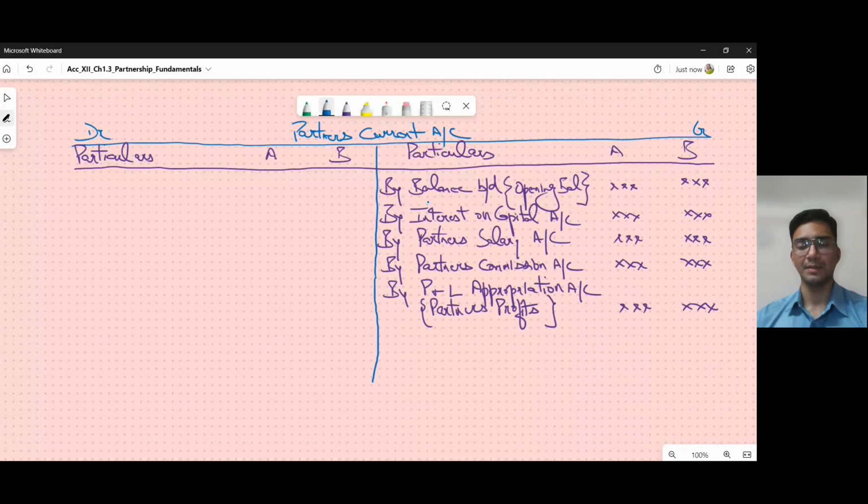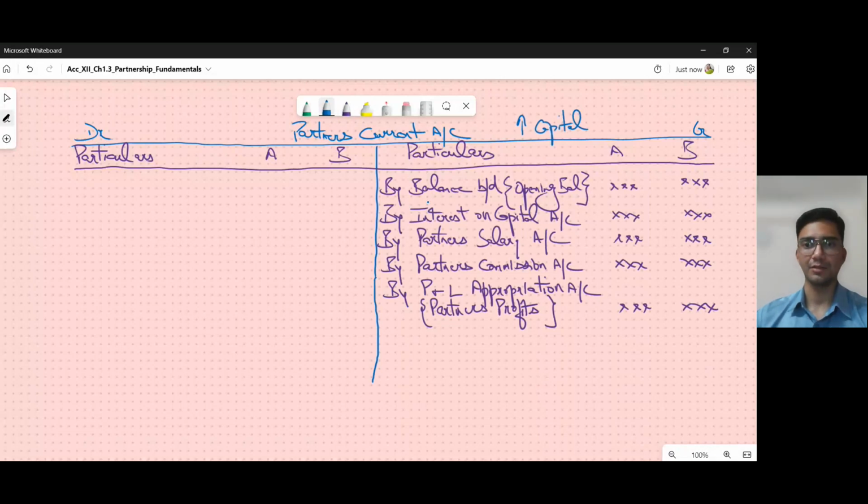So we add that again. When partners are given a commission, their commission is also added. And in the end, when they are distributed the profits left of the partnership firm, that is also added on the credit side. So all the items written in our partners' current account on the credit side are the items which are actually increasing their capital.